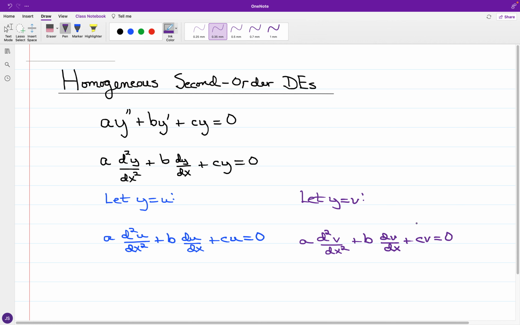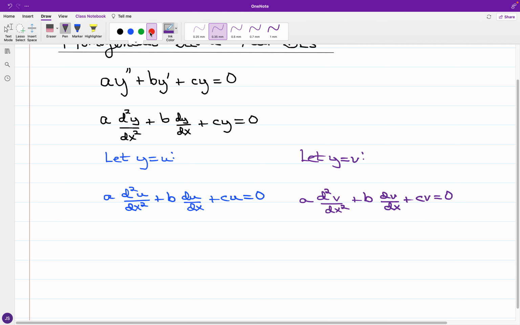And now if you notice, amalgamating together what we have here, if I have d over dx of the sum of u and v, this would be du over dx plus dv over dx.